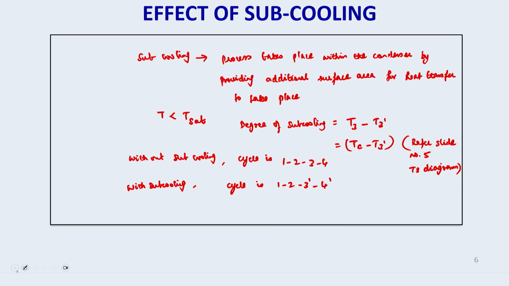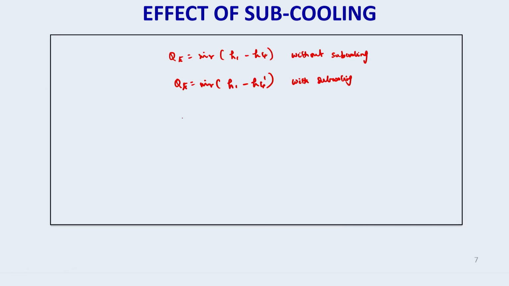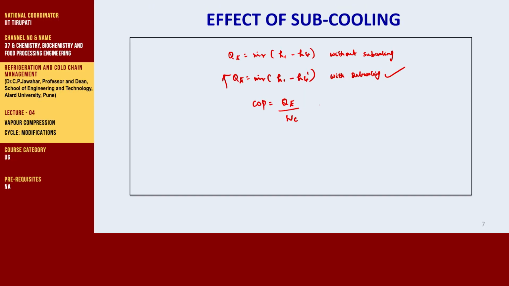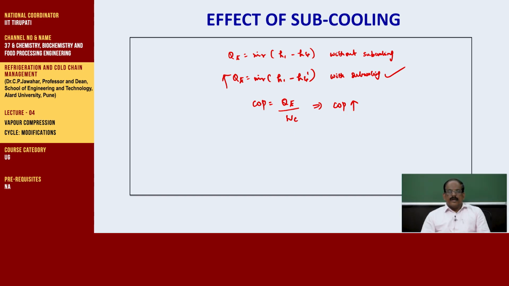COP is equal to QE by work of compression. So with subcooling, the refrigerating effect increases. Therefore, since QE is in the numerator, if the numerator is increasing, the ratio also will increase. COP will increase. So the coefficient of performance of the vapor compression cycle will increase.